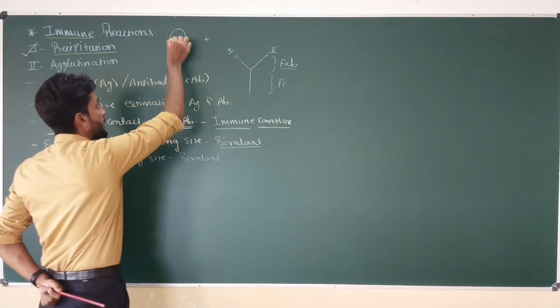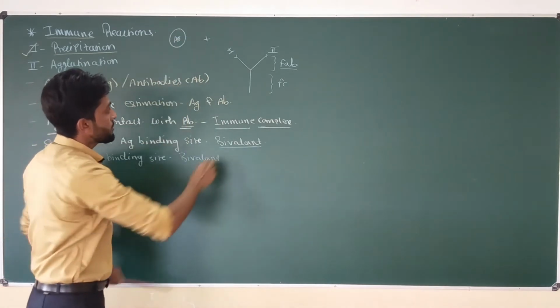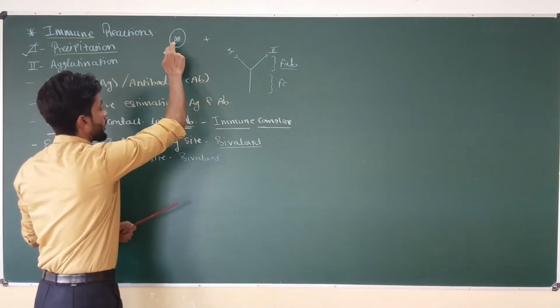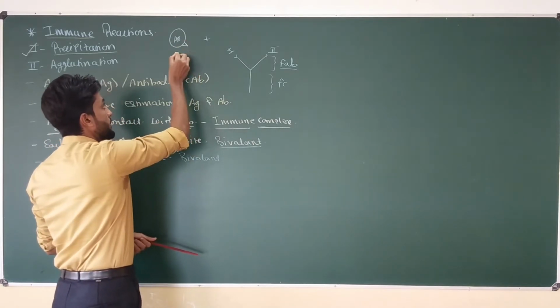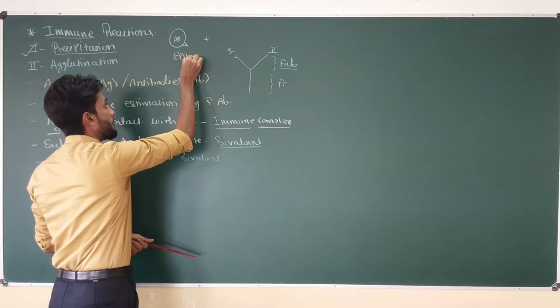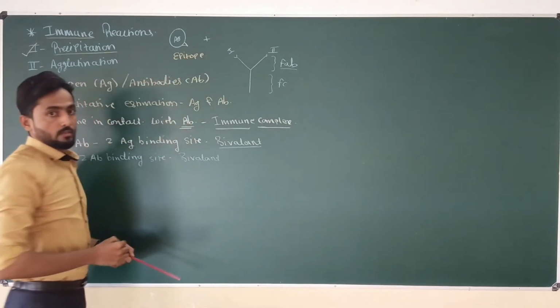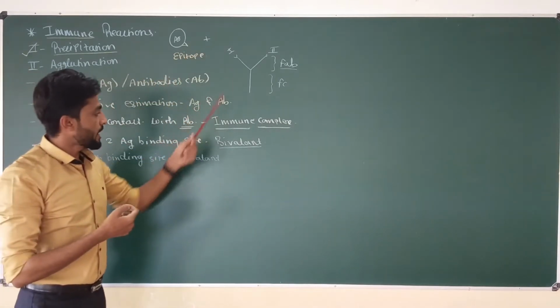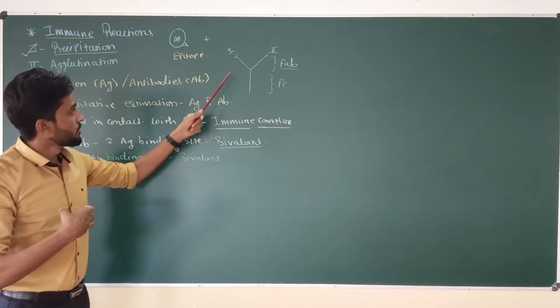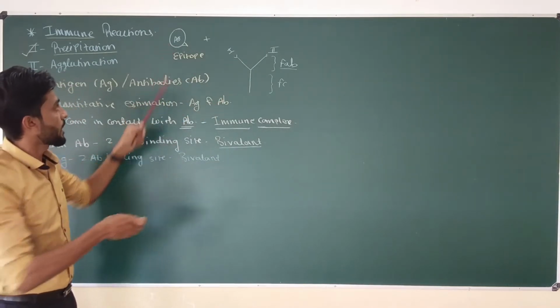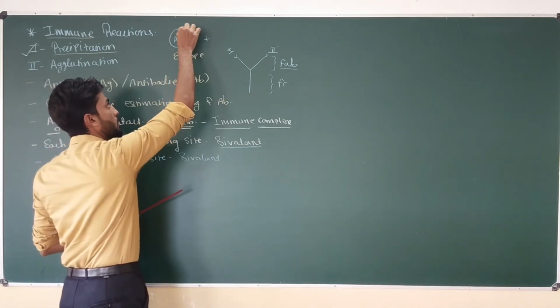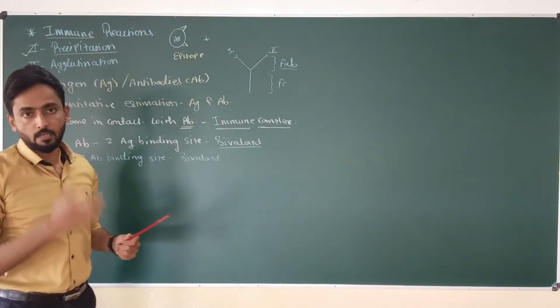And the antibody binding site present on the antigen is called an epitope. Suppose the antibody is bivalent, and an antigen which is specific for this antibody is also bivalent. That means this antigen has two epitopes on its surface.